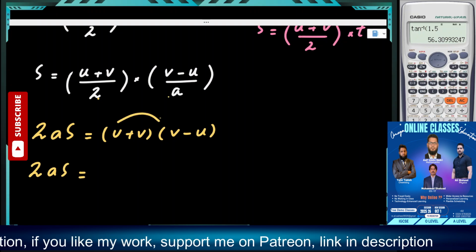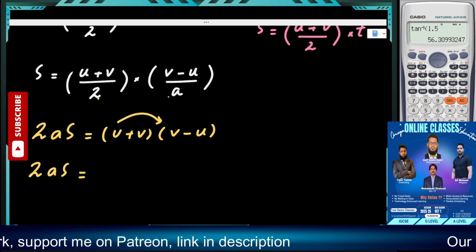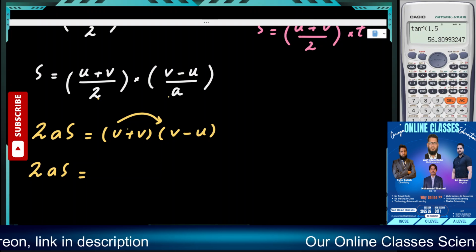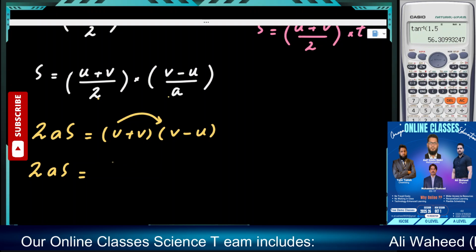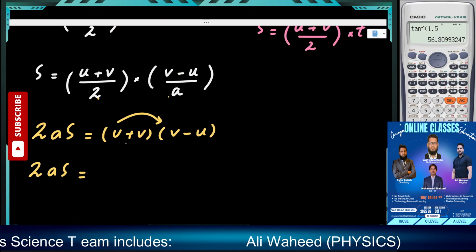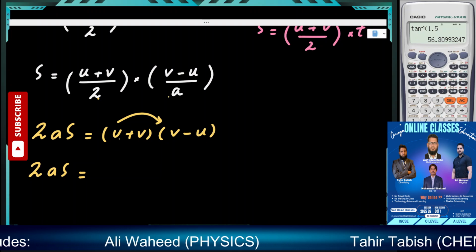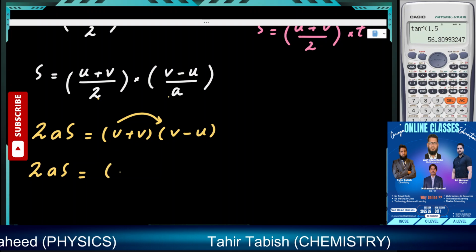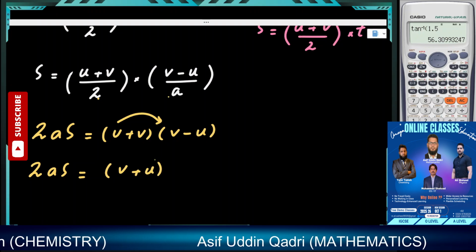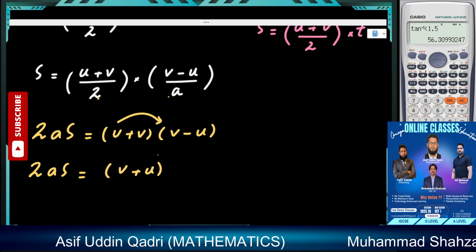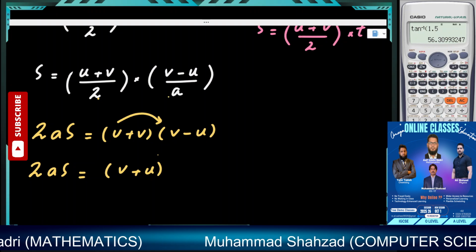So now you need to expand this using simple mathematics, or you can use the identity as well. Instead of writing v plus u plus v, you can write the first one as v plus u. 5 plus 2 or 2 plus 5, the answer would be 7 anyway.